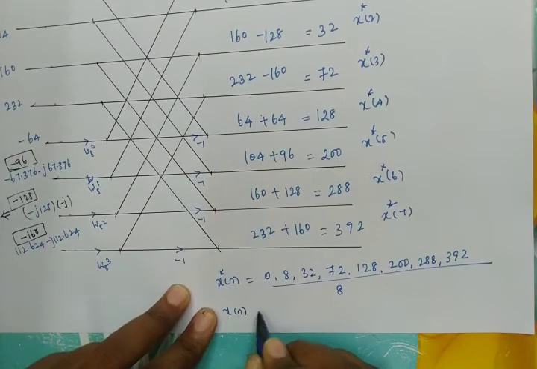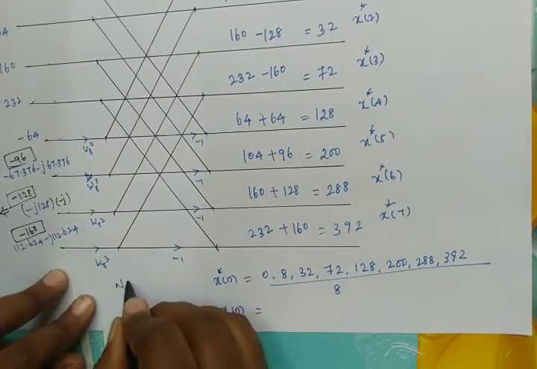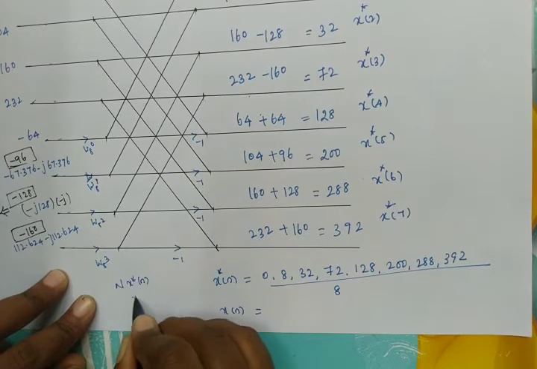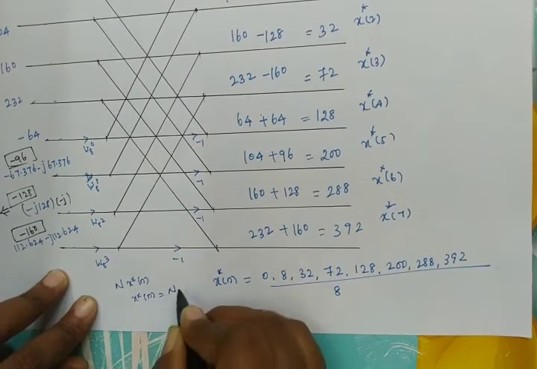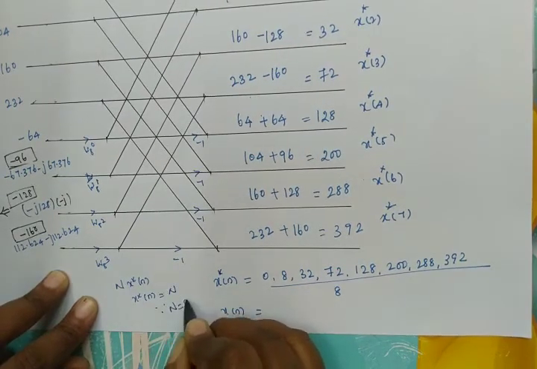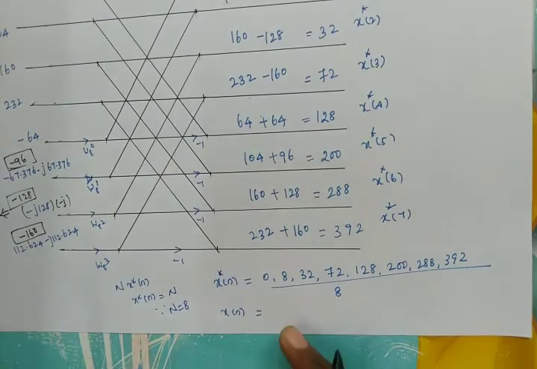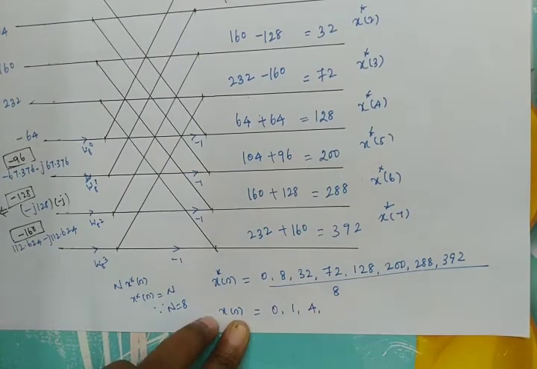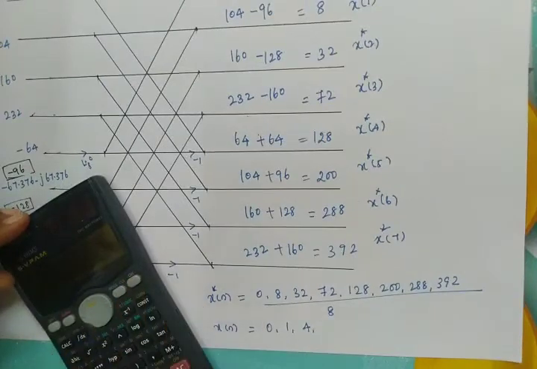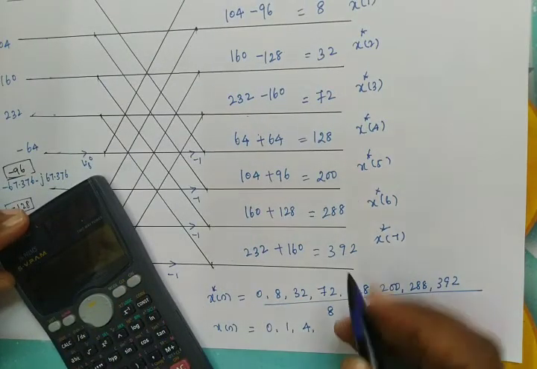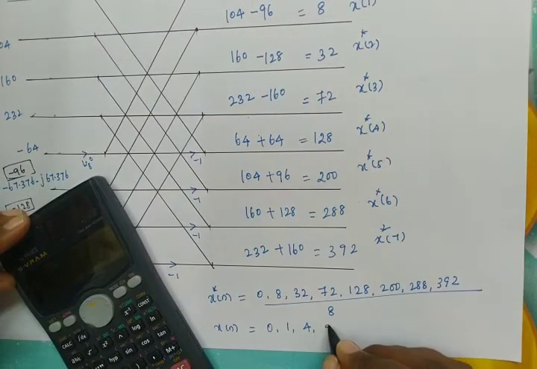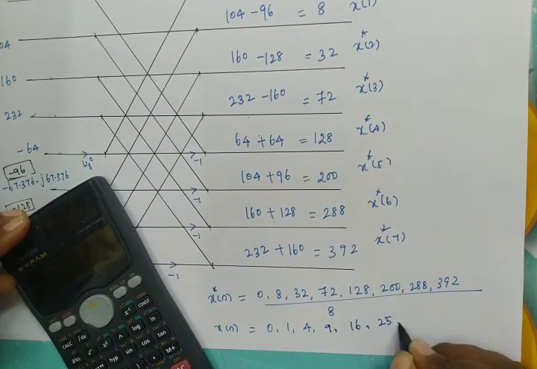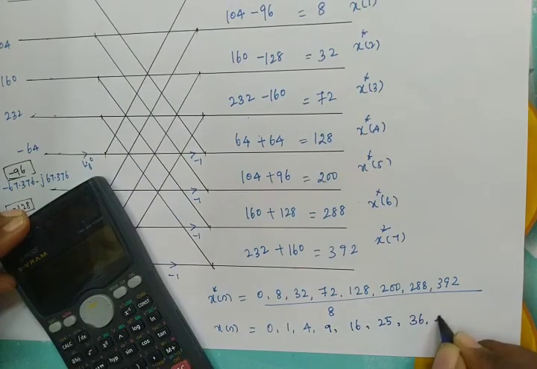So x star of n will be equal to the value divided by n, since n is equal to 8, because we have 8 sequence, as I said in the previous problem. 0, 1 and 32 is 4. And here it is 72 divided by 8 is equal to 9. Then 16, 25, 36, 49.